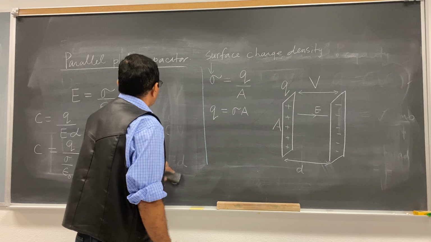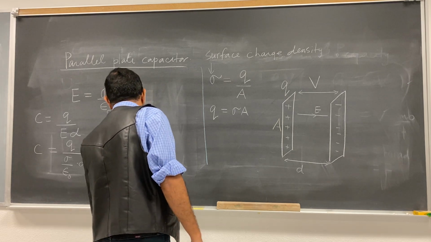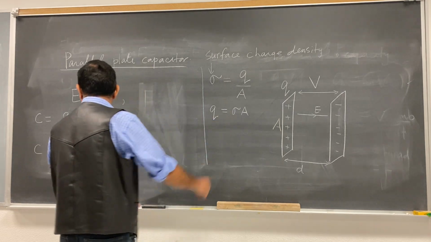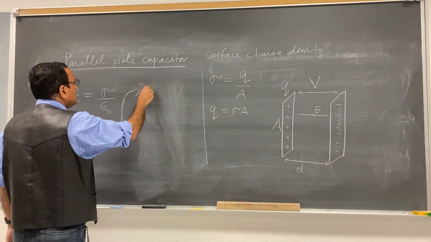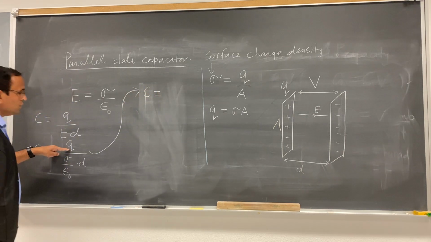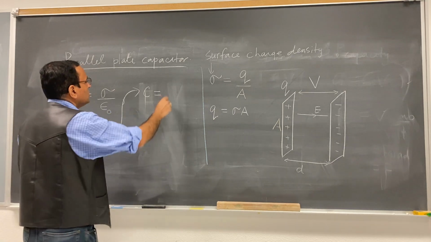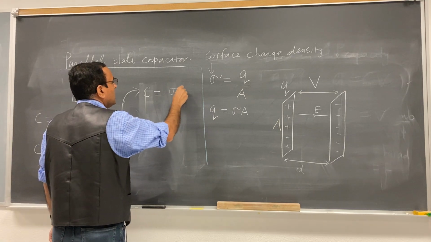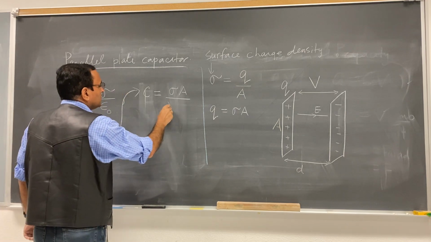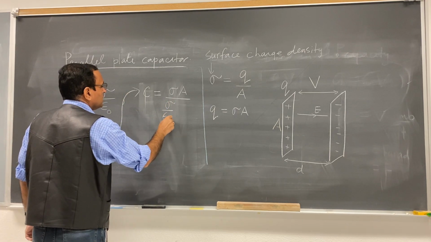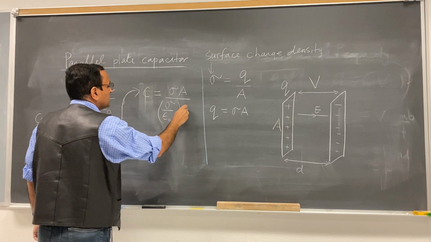And what about the Q then? Q equals sigma A. So your C equals sigma A divided by sigma over epsilon 0, times D.